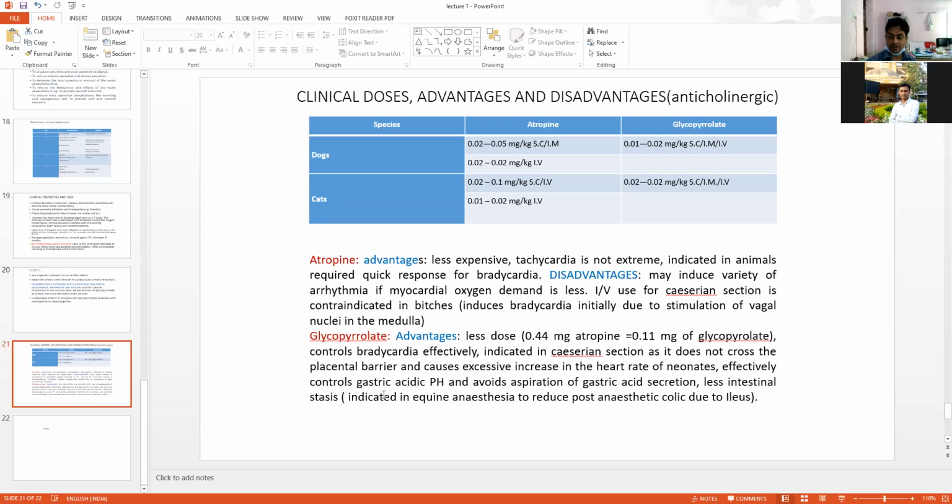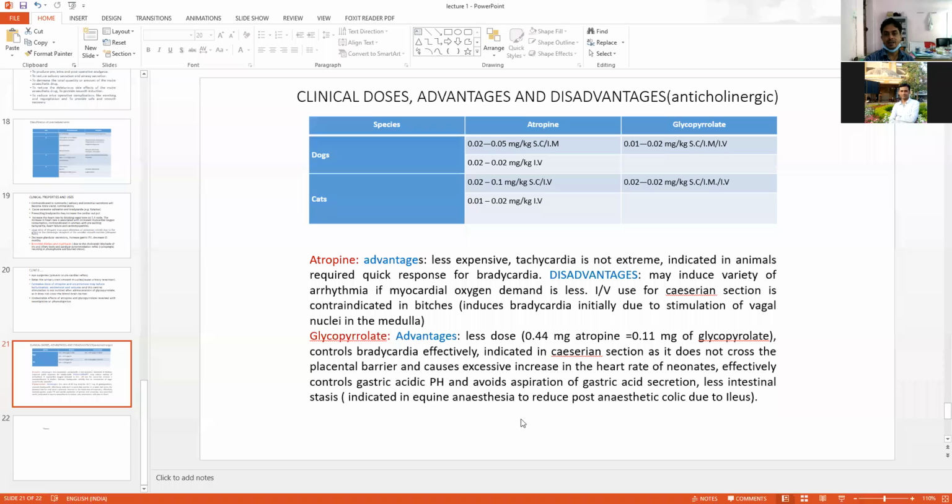One advantage of glycopyrrolate is that it effectively controls gastric secretions and avoids aspiration of gastric acid. Less intestinal stasis is noted by using glycopyrrolate.